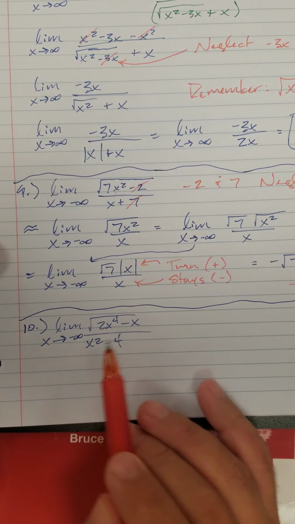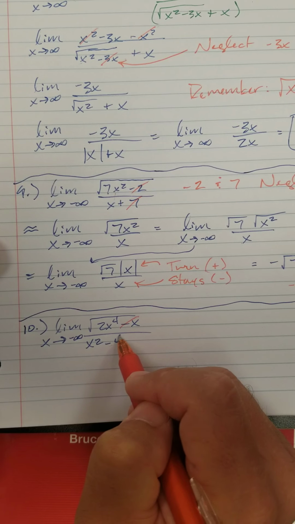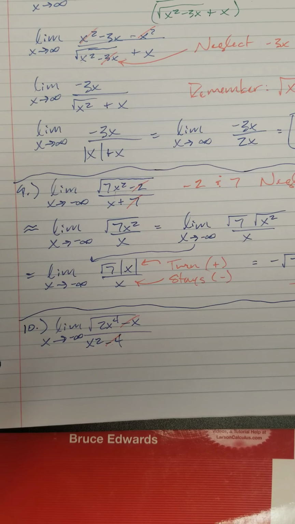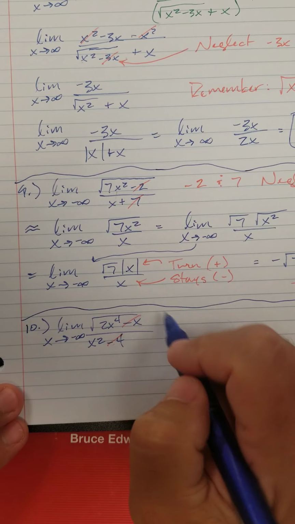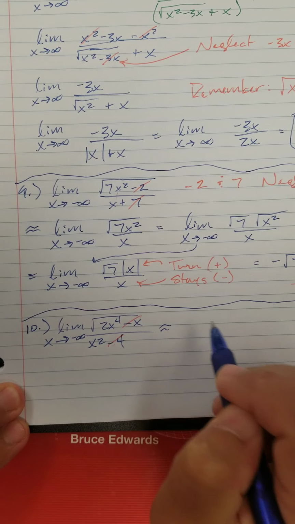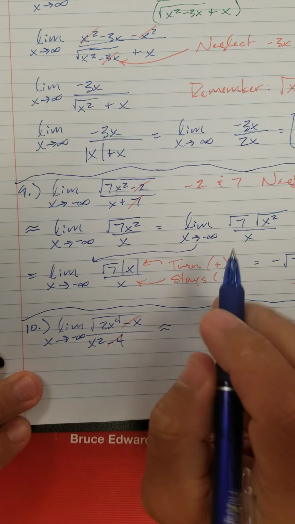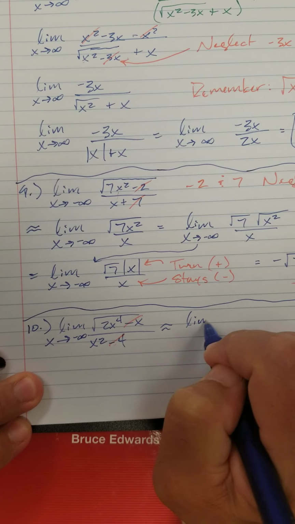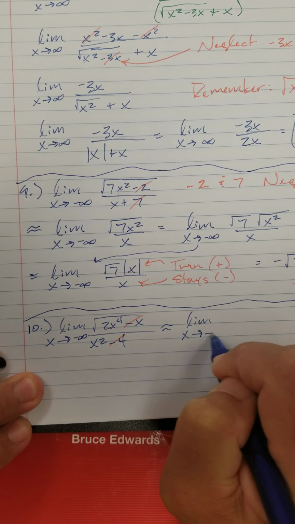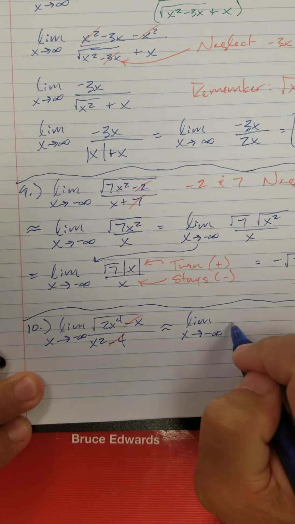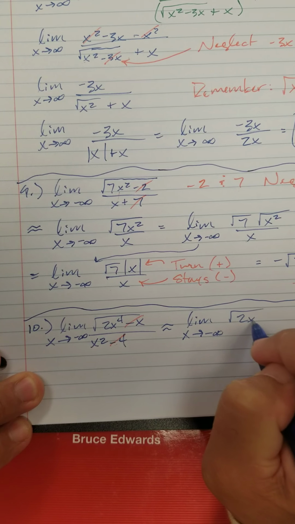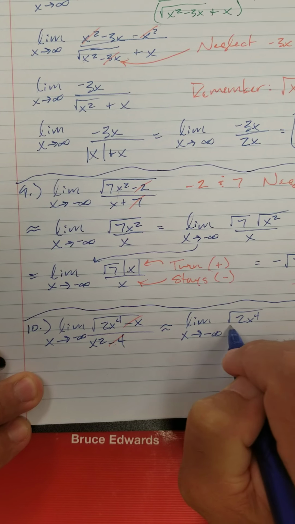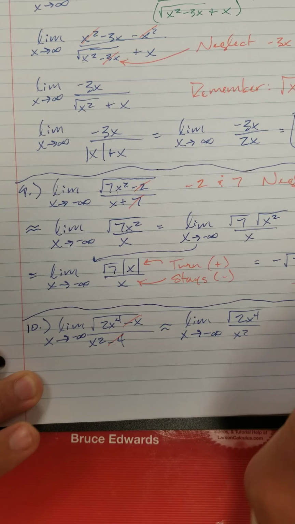Again, due to the magnitude of these two terms, we can neglect them here. So that's going to be approximately the square root of 2x to the 4th over x squared.